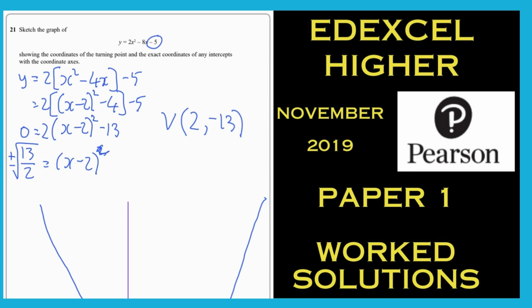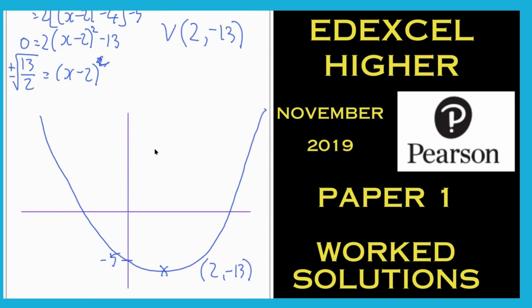And so our coordinates, because they don't care about the algebra, they just want it labelling. When we add 2 to both sides, that is going to be 2 minus the root of all that nonsense, and 2 plus the root of all that.